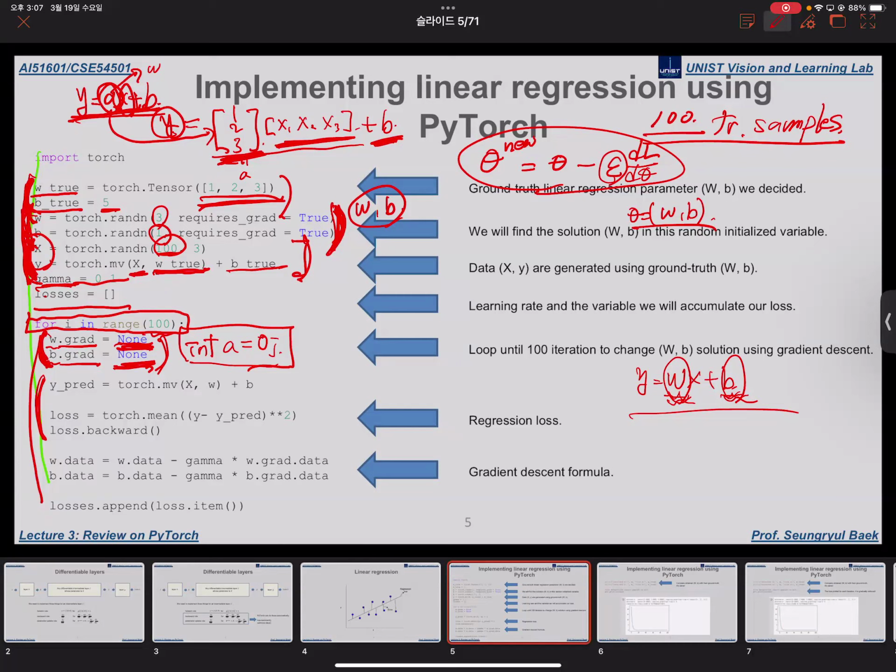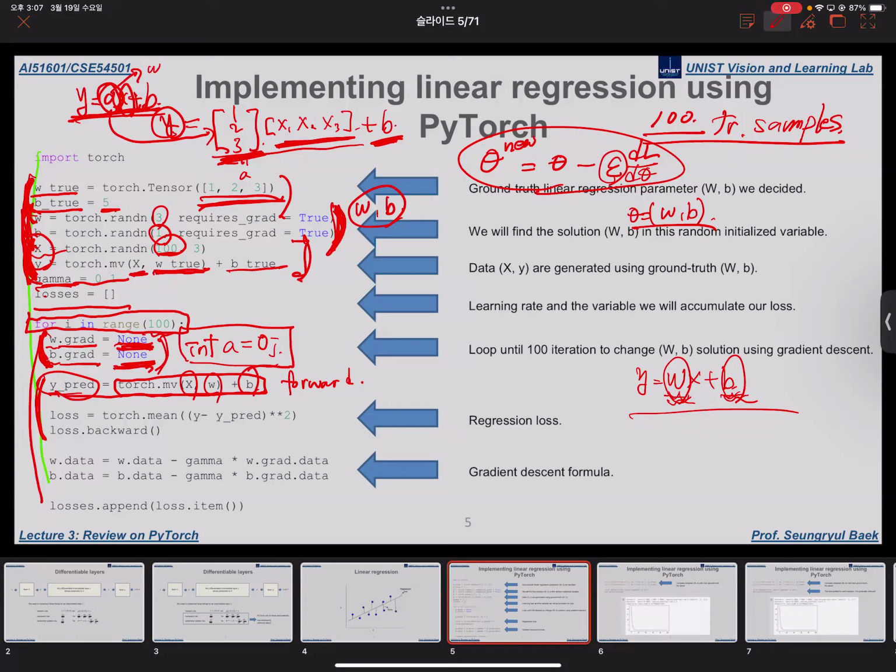And the first thing we have to do is define this kind of forward rule. Given this x we made, we multiply W on that and add the bias B. And this Y pred variable is the prediction from our network.